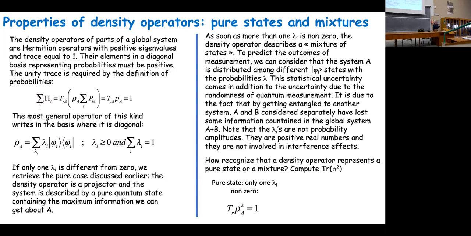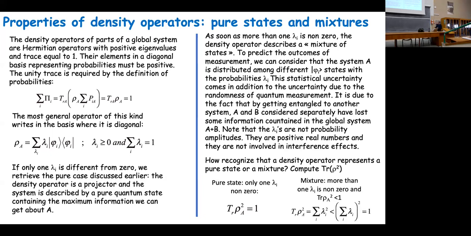Now, when I give you a density operator, how can you recognize whether it's a pure state or a mixed state? The criterion is very simple. You compute the trace of rho squared. It's very simple to demonstrate why. If you have only one eigenvalue, which is equal to 1, and all the others are 0, when you square, you will get the same result, and the trace of rho squared will be 1. If, on the other hand, you have at least 2 eigenvalues which are different from 0, you see immediately what will happen.